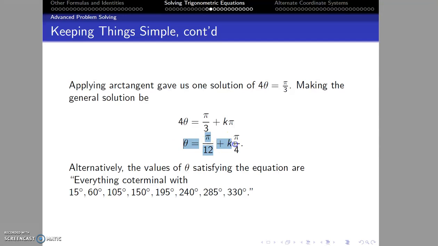So this simple equation, pi over 12 plus k pi over 4, is equivalent to saying everything coterminal with 15 degrees, 60 degrees, 105 degrees, 150 degrees, 195 degrees, 240 degrees, 285 degrees, 330 degrees.